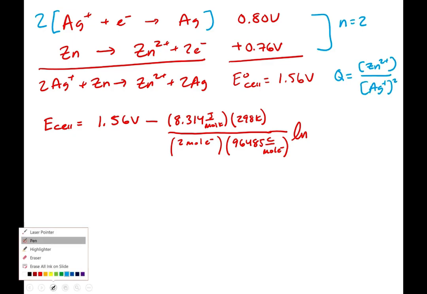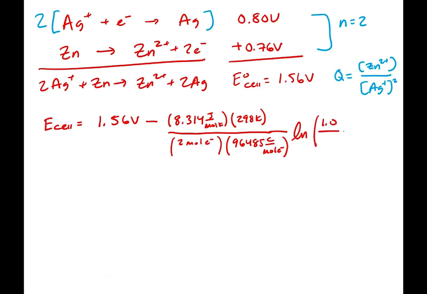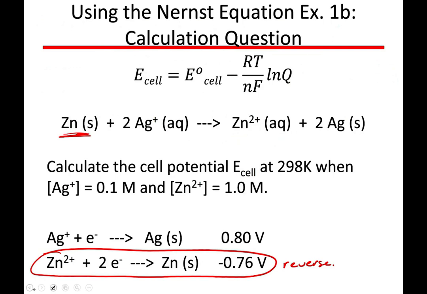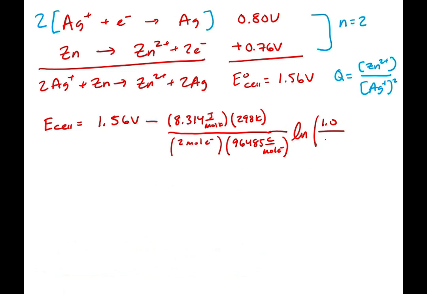So we'll plug in the numbers that the problem has given us here. For Zn2+, it was 1 molar. And for Ag+, it was 0.1 molar, and that gets squared because the coefficient is 2.